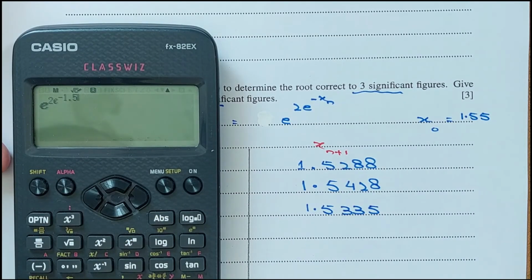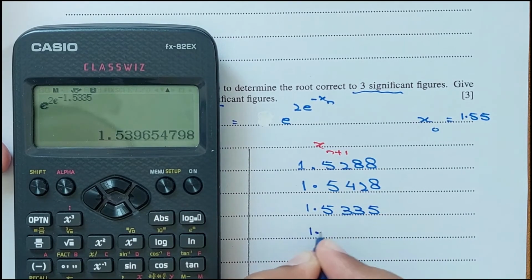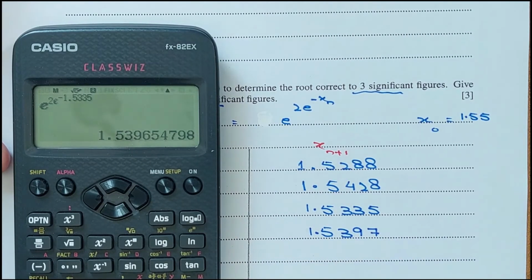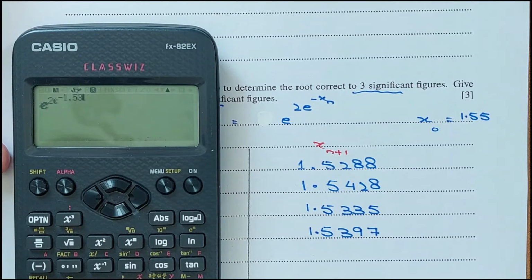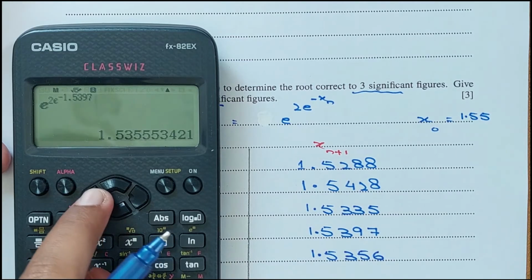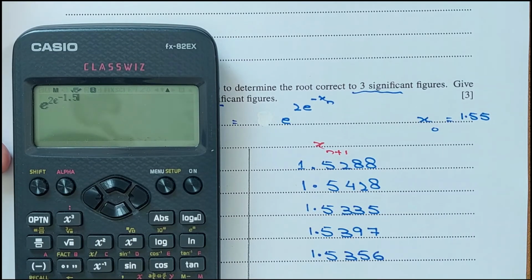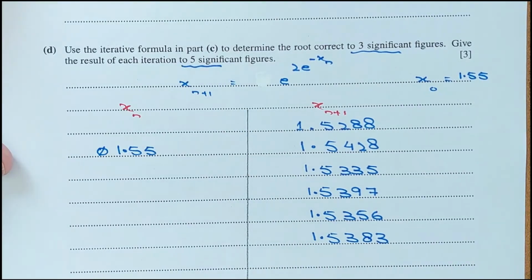Now this is 1.5335, and next is 1.5397, then 1.5356, and then 1.5383, and so on.